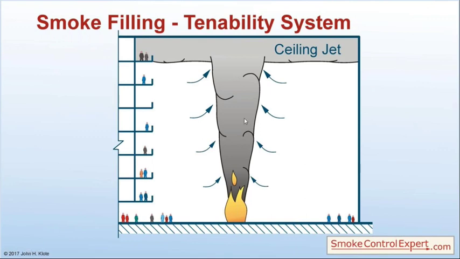Now, these arrows are all air that's being entrained in the plume, and if this is tall enough relative to the size, the heat release rate, and the contaminants, and the soot generation in the fire, then we can have tenable conditions up here in this ceiling jet, and you could have people looking at the fire while it's burning in the early stages.